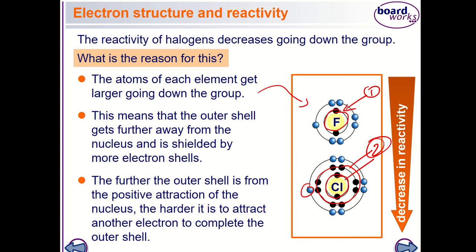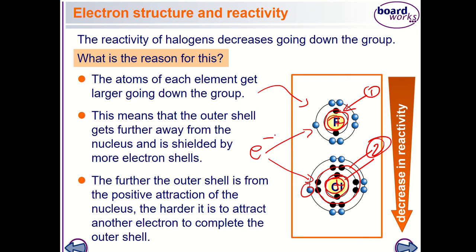So the further out the outer shell is from the positive attraction of the nucleus, the harder it is to attract another electron. Remember, these elements are trying to gain an electron in order to get a full outer shell. Because the chlorine here has more shells and the positive nucleus is further from the outer shell than in the fluorine, the positive nucleus is closer to the outer shell in fluorine and has a stronger attraction.